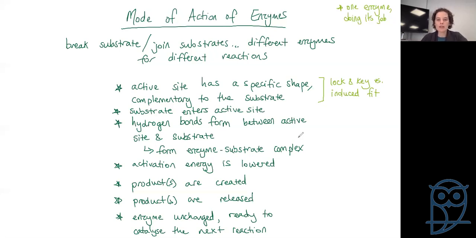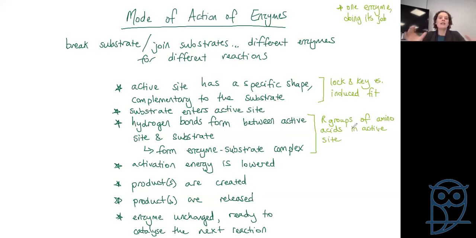When we talk about the hydrogen bonds forming between the active site and the substrate to form an enzyme substrate complex, if we have a more molecular twist on this situation, we would want to talk about the R groups of amino acids in the active site and parts of your substrate molecule.